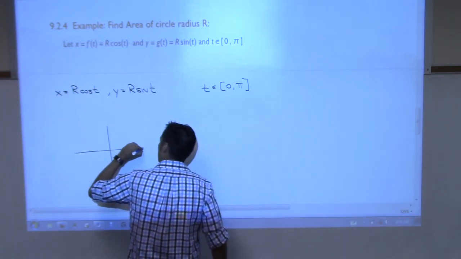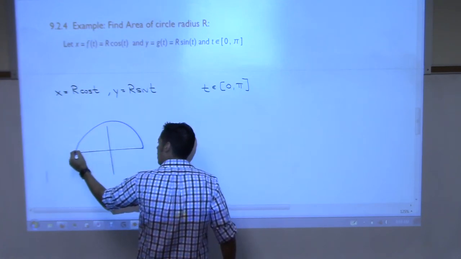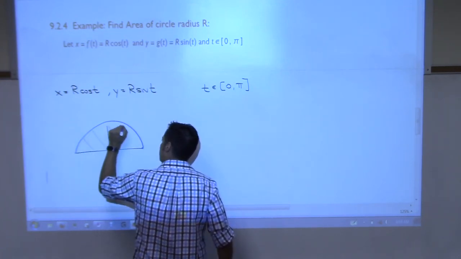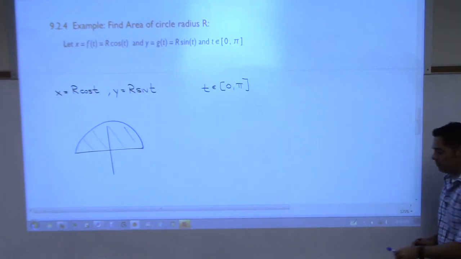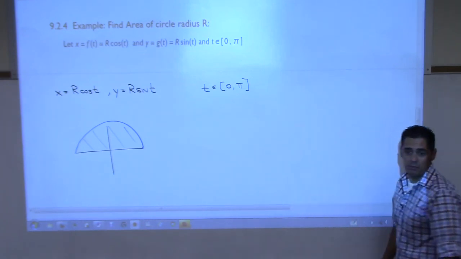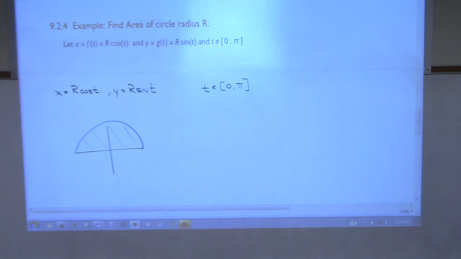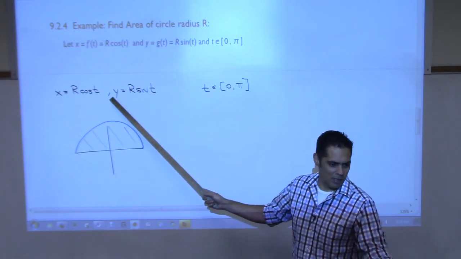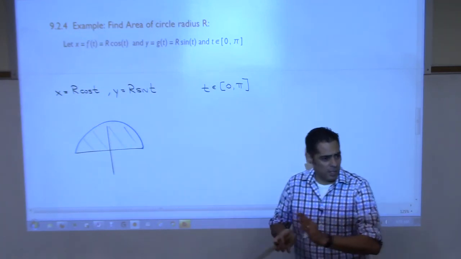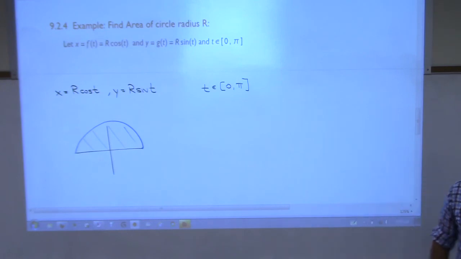Half. The top half, right? Let's find the area of this right there. And then we'll double the answer. Agreed? Now, why am I using capital R in front of this? We talked about that earlier, right? The capital R is what's going to adjust your radius.